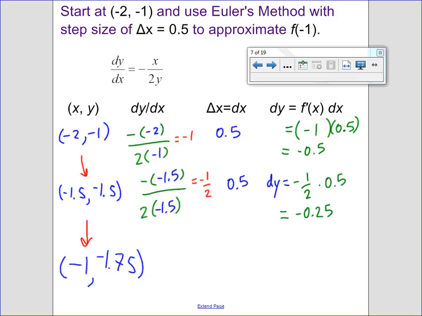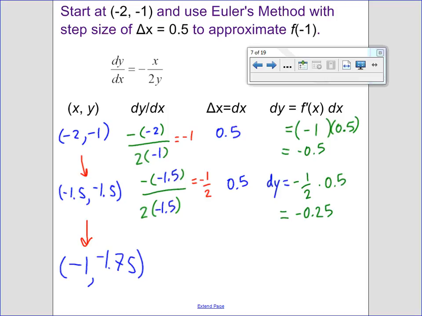So how do we do with our visual? Well, we don't know because this is an approximation. We've used Euler's method twice with a delta x step size of 0.5 units. We've stepped over 0.5 units, and now we've gotten to x equals negative 1. We've accumulated change in our y's using instantaneous rates of change, and we're getting negative 1.75. Are you guys getting this? Everybody good? All right.